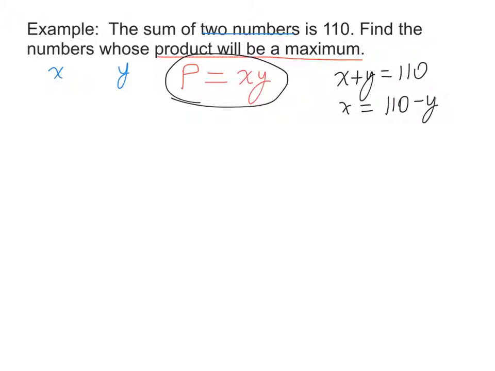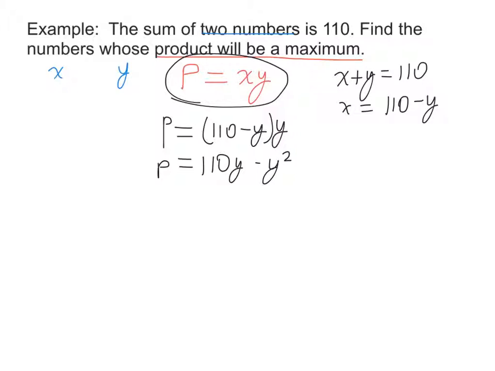Okay, now I'm going to plug that in to my product equation. So my product is going to be 110 minus y times y, or 110y minus y squared.